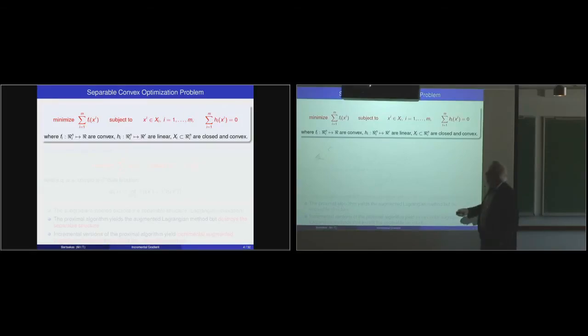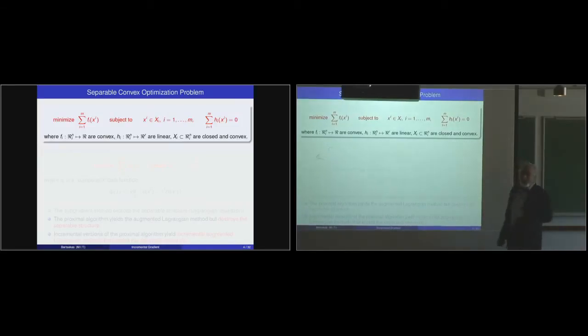It may be a very long vector. The cost function is separable in the sense that it consists of components, each one depending on a single component of x. And so are the constraints. And there are also separable set constraints. And we assume here, for the purpose of this talk, that these are convex. The h are linear in order to get a convex problem. And the capital X's are closed and convex.